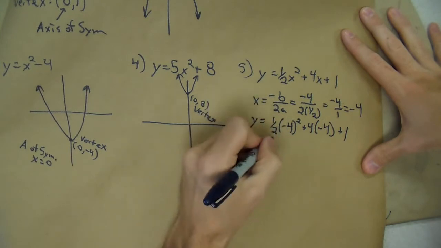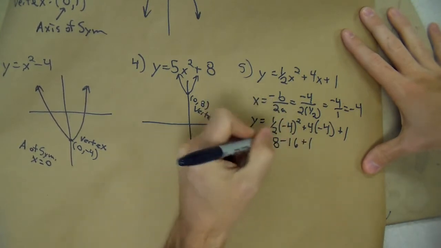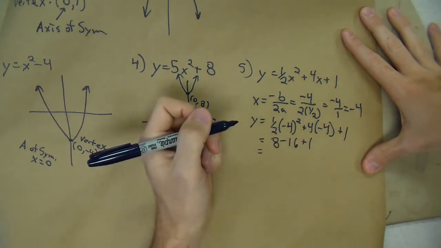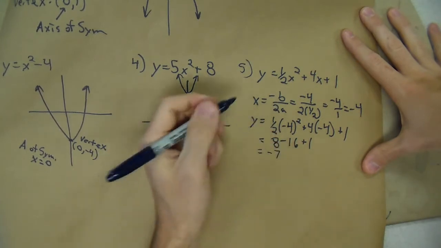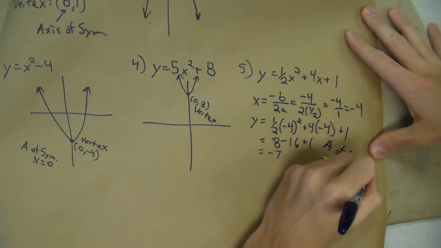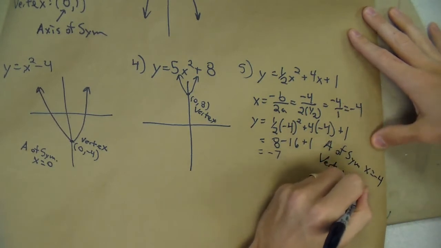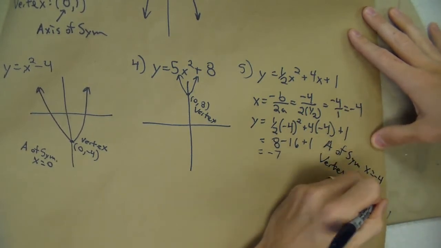This becomes 16. Half of 16 is 8. Minus 16 plus 1. I got 9 and 16, so that's going to be a negative 7. So our axis of symmetry is x equals negative 4, and our vertex is negative 4, negative 7.